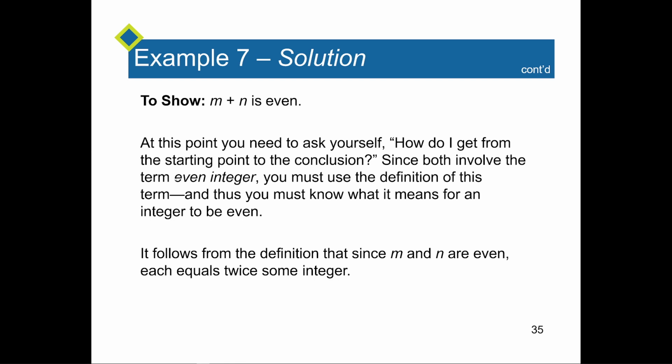Since both of these involve the term even integer, we must use the definitions of the term. Thus, we must know these definitions by memory. We can then use that definition and infer that it follows from the definition that m and n are even, which equals twice some integer.